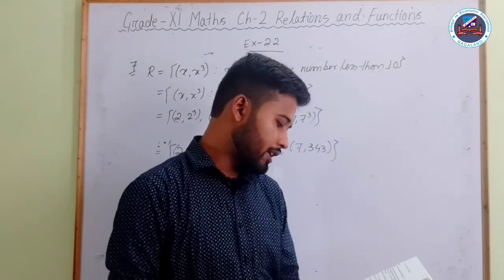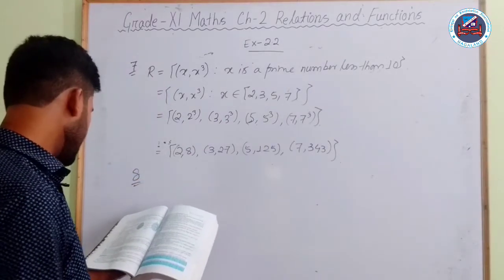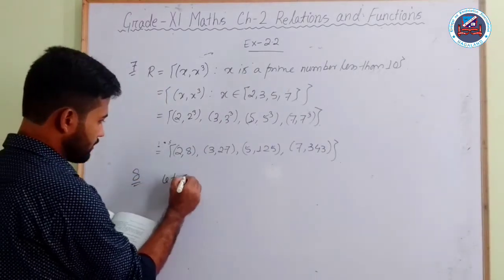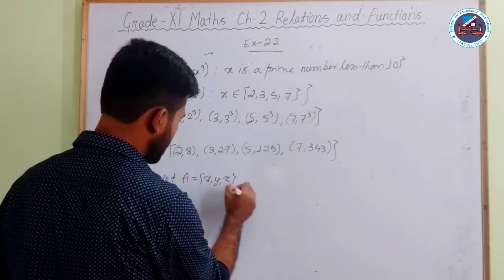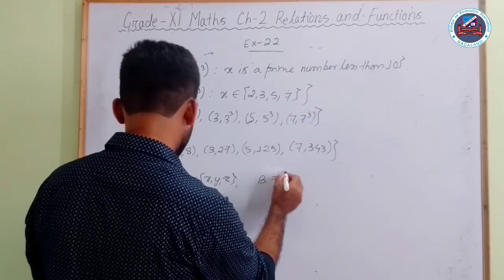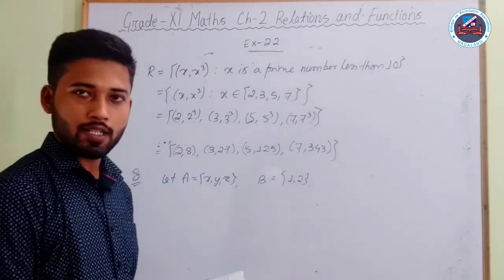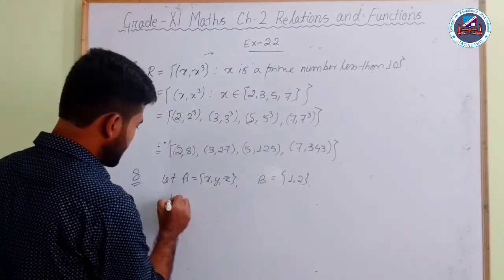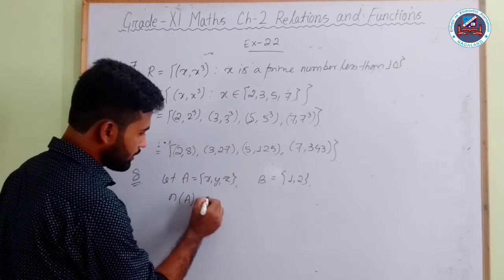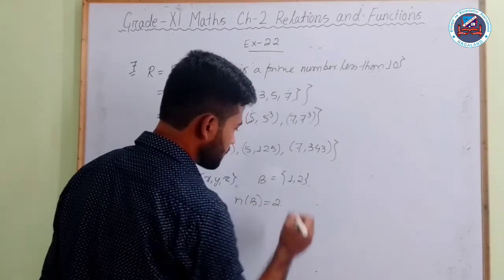And question number 8 says, let A is equal to {x, y, z} and B is equal to {1, 2}. Find the number of relations from A to B. Now this is an important thing. Here the number of elements of A is 3 and the number of elements of B is 2.